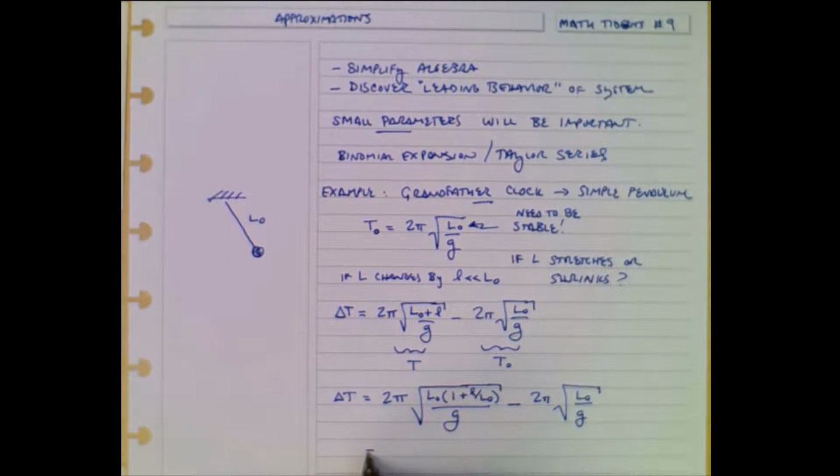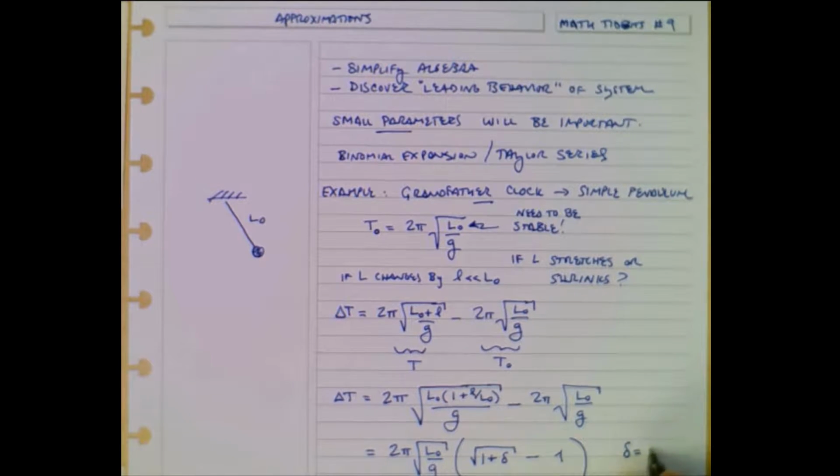Now I have an overall factor, 2 pi times the square root of L0 over g, that I can pull out of each term, leaving me with the square root of 1 plus delta, minus 1.